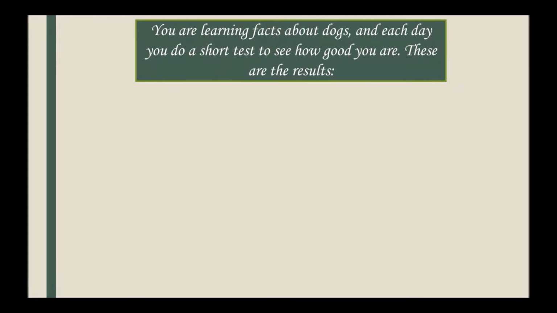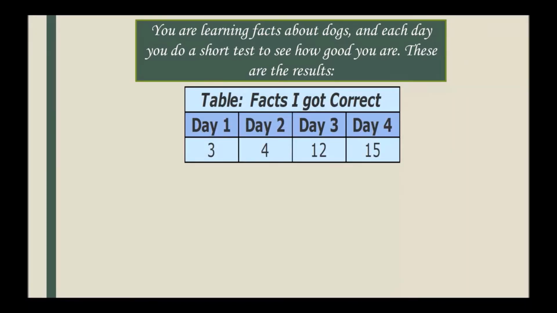Let's see one example. Suppose you are learning facts about dogs, and each day you do a short test to see how good you are. So these are the results. Facts I got correct: day 1, 3; day 2, 4; day 3, 12; and day 4, 15.